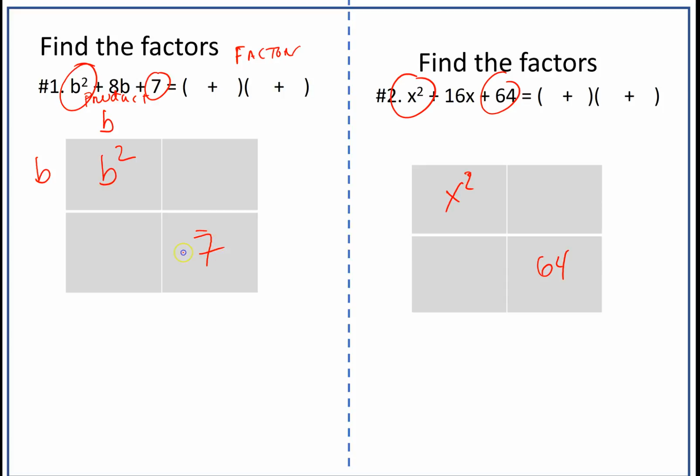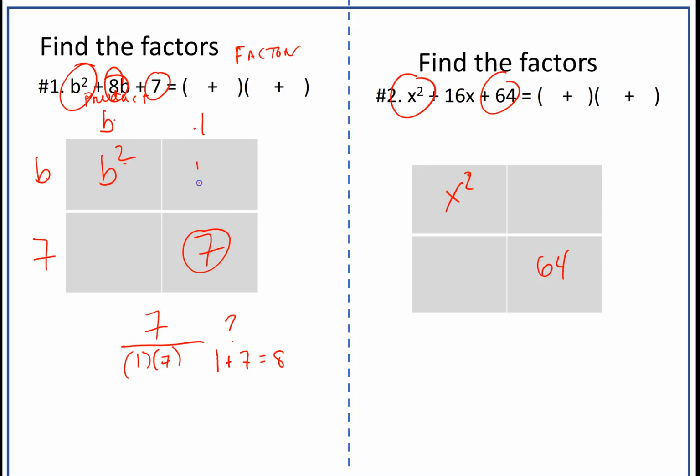So now we're going to take the factors of 7. So 7 is 1 times 7. And that's pretty much it. Those are the only factors. So then we ask ourselves, what is 1 plus 7? It equals 8. Great. That's what we want. We want an 8. So I put a 1 here and a 7 here. It doesn't really matter where it goes. So b times b is b squared.